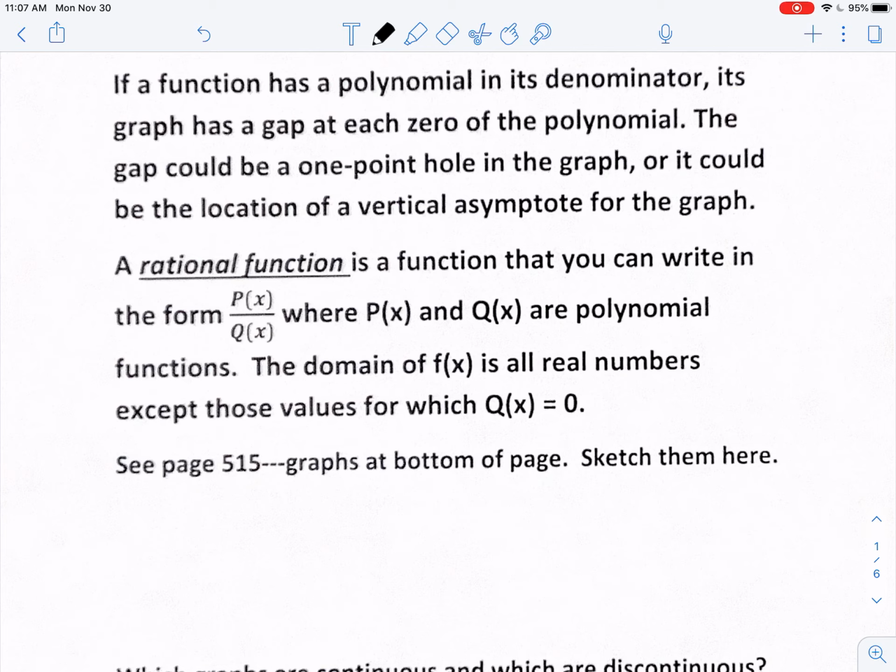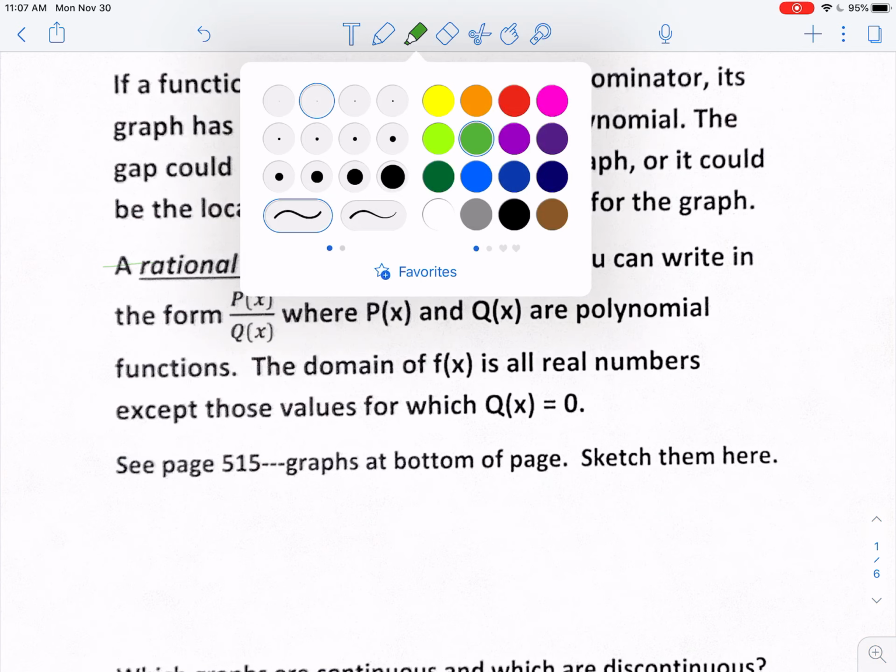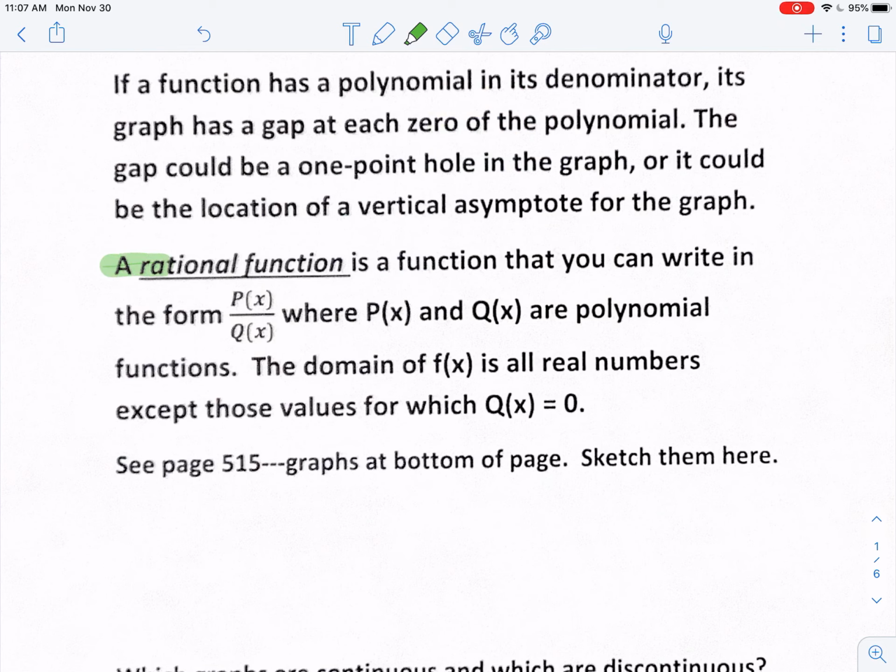So when you're dealing with rational functions, a rational function is a function that you can write in this form, p of x over q of x, where p and q are polynomial functions.